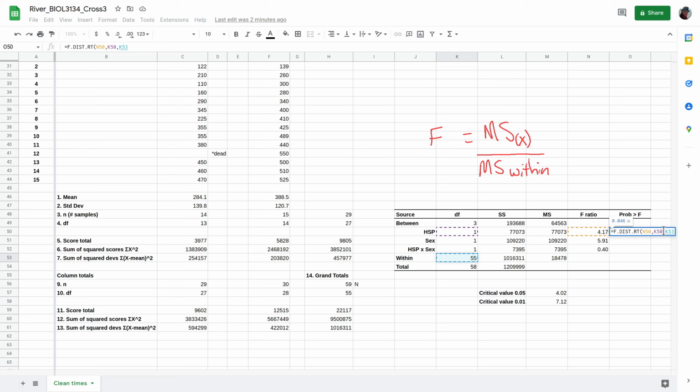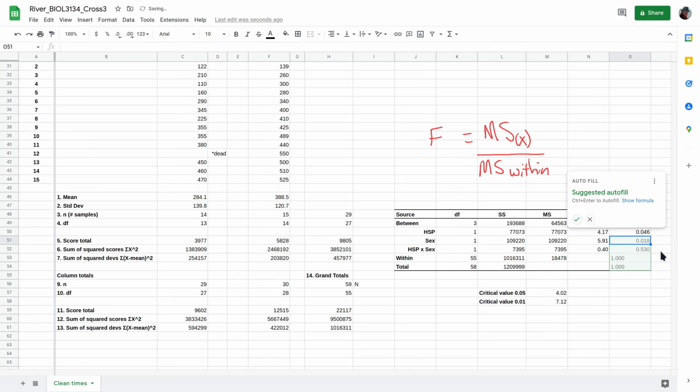Now we want to lock this degrees of freedom within. We want to lock this one with the dollar signs because that's going to be the same, and close parens.